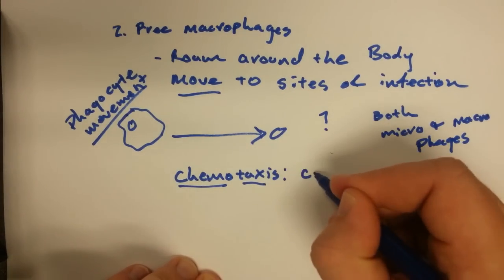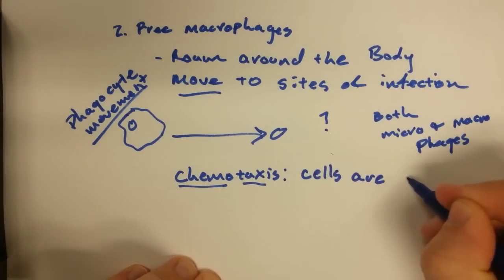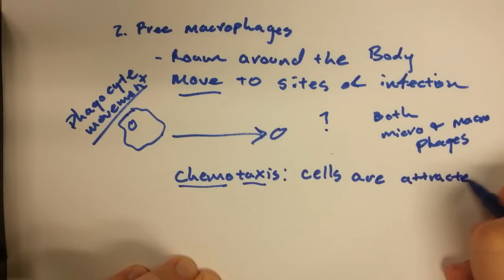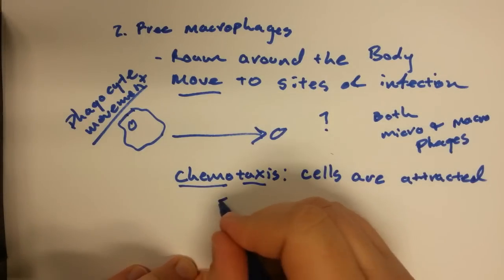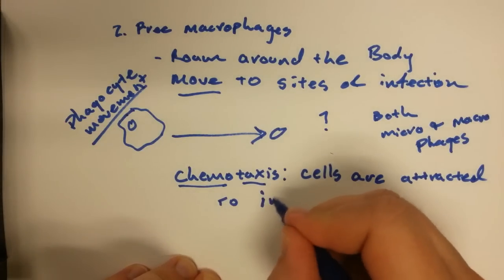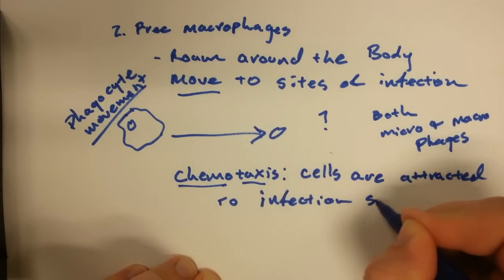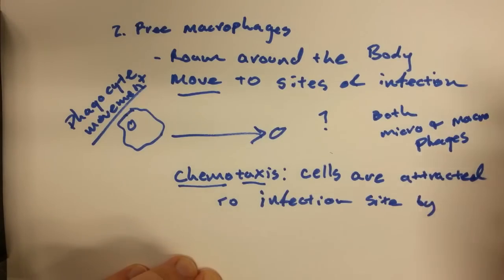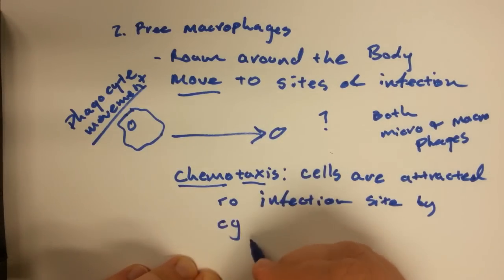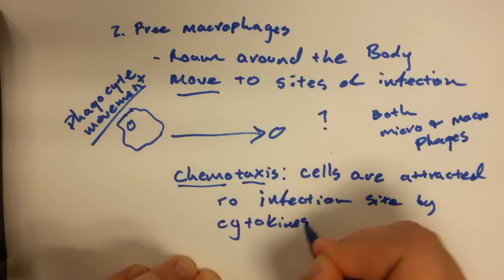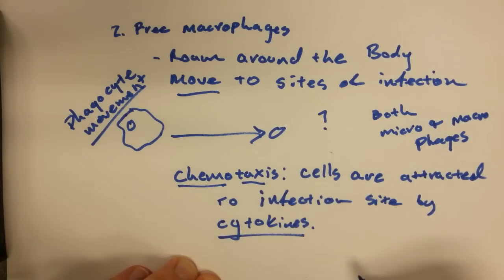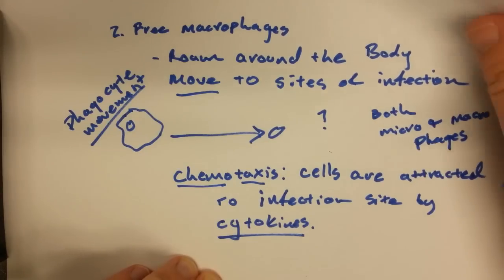So in chemotaxis, cells are attracted to the infection site by chemicals called cytokines. And those cytokines, they're released by all kinds of cells that might be injured at the infection site, or white blood cells release cytokines to attract more white blood cells to the site.